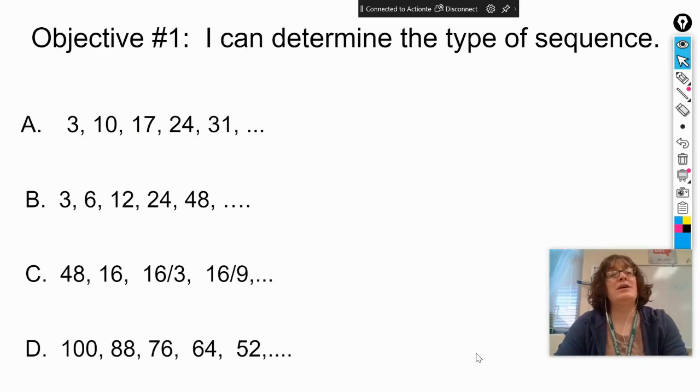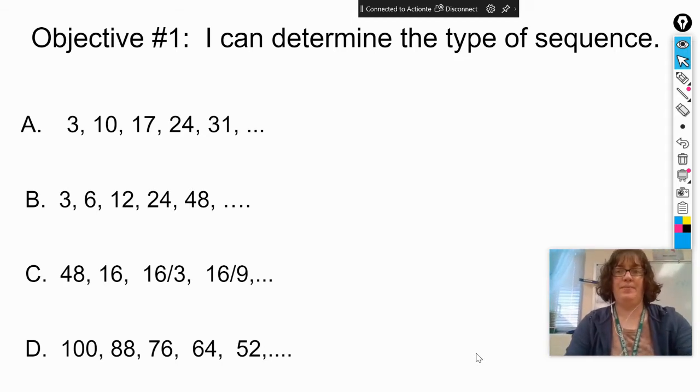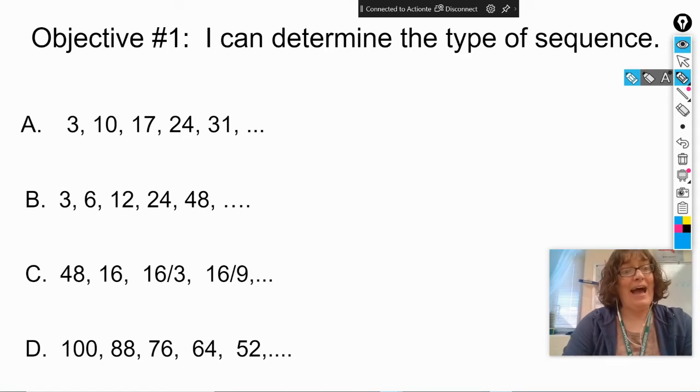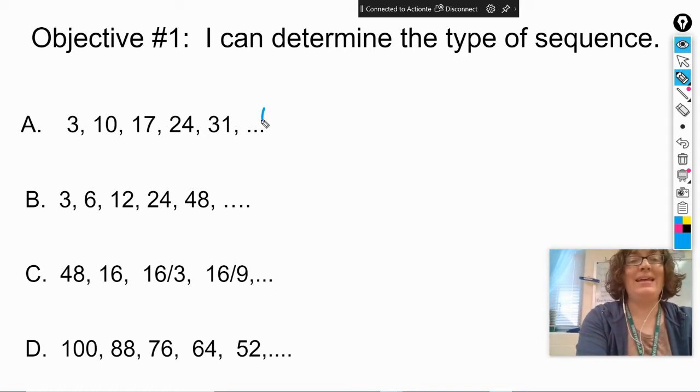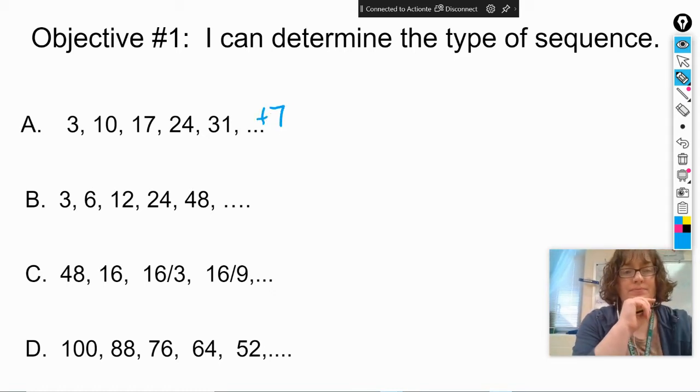So the first objective is to determine the type of sequence that we see. I just want you to take a look at A, B, C, and D and see if you can figure out what the pattern is in each of these specific instances. Okay, I hope you see on letter A that the pattern is we're repeatedly adding 7.